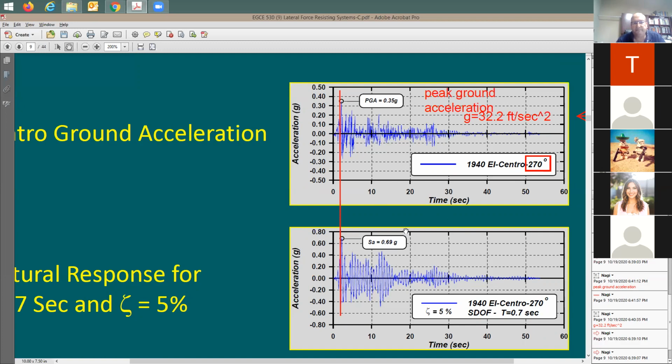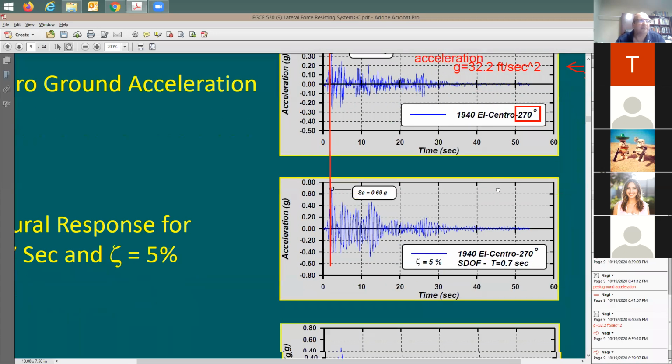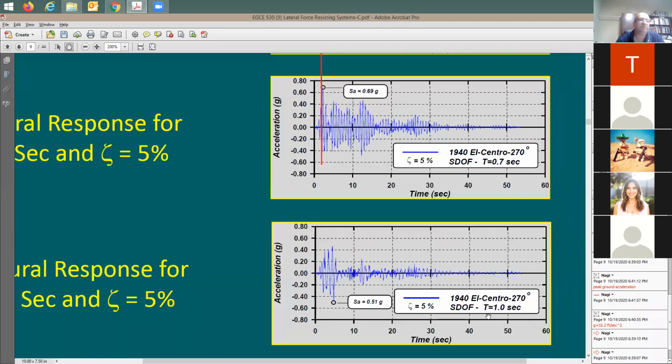I said, okay, let me change here the stiffness of the building, the mass of the building, which means at the end, let's change the initial period of the building. We tried 0.7 seconds; now we're going to make it 1 second for this building. Now look what happened. Maximum acceleration here becomes 0.51.